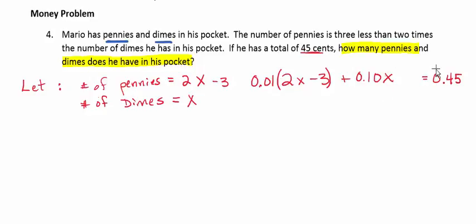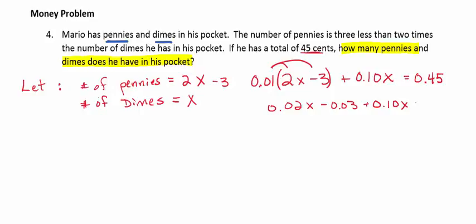So now we have our equation. All we need to do is distribute, clean things up, and we should have our number of each coin. So distribution here will give us 0.02x minus 0.03. Bring down this 0.10x and our 0.45.